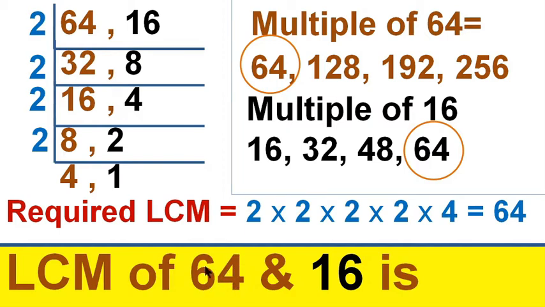So we will make this 64 our LCM because 64 is divisible by 16. If divisible, this is our LCM. So this alternative way is much easier than the others.